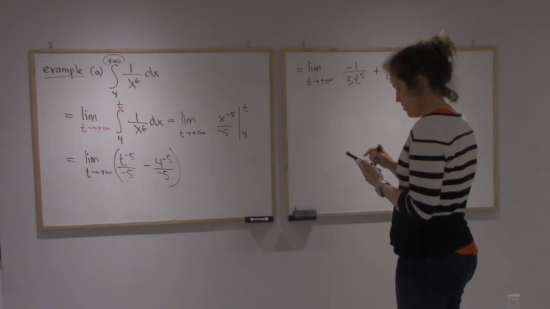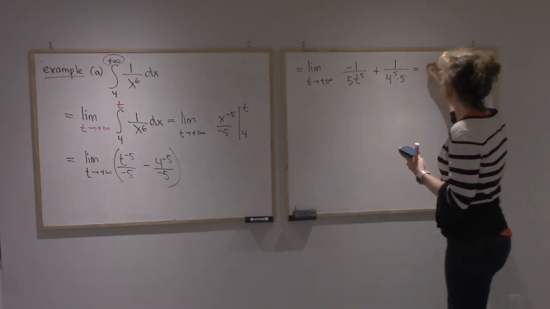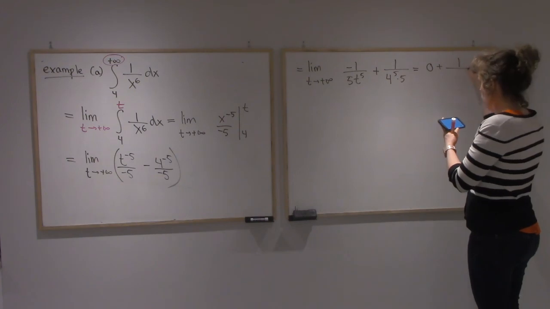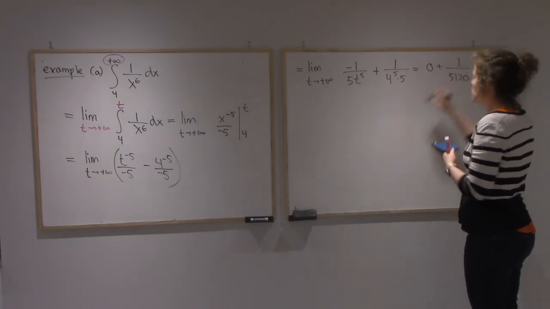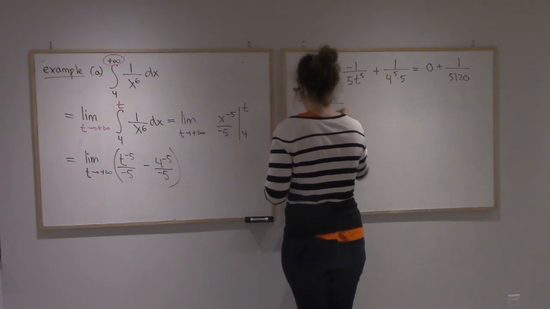So 4 to the 5 times 5. I get 0 plus 1 over 5 times 4 to the 5, and so the answer is 1 over 5 times 4 to the 5.